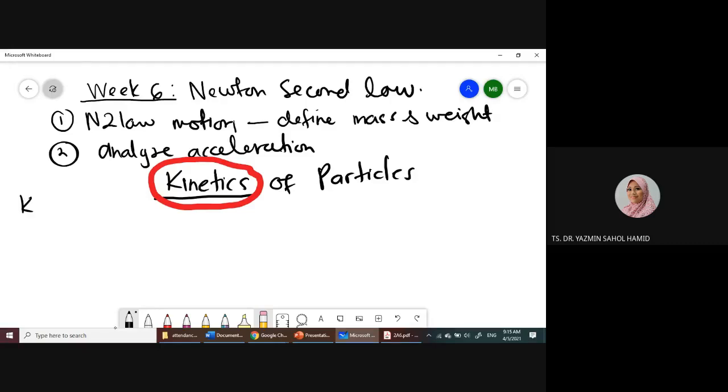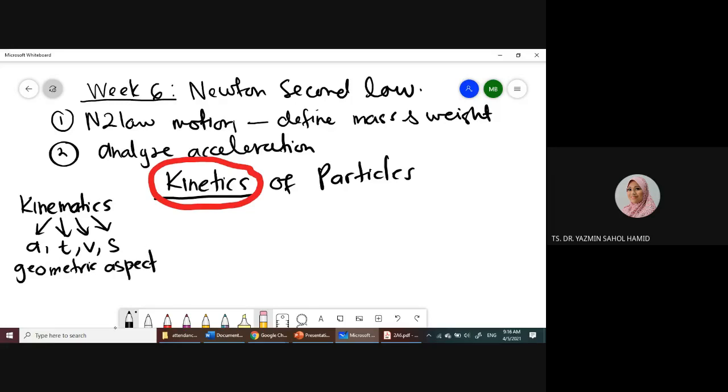No, kinematics, if you remember my notes, involves the geometric aspect of the motion, which is acceleration, time, velocity, and position. Now, kinetics involves the force of the body.